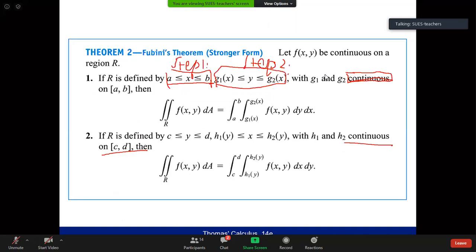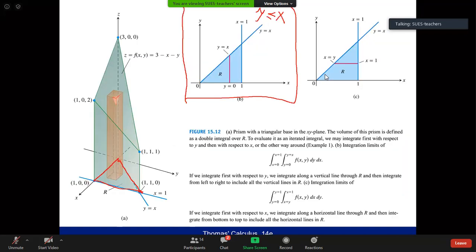Step one, we have to define the range of x, or we could define the range of y. If we define x first: looking at this area, if we want to cover this blue area, what is the smallest range of x?